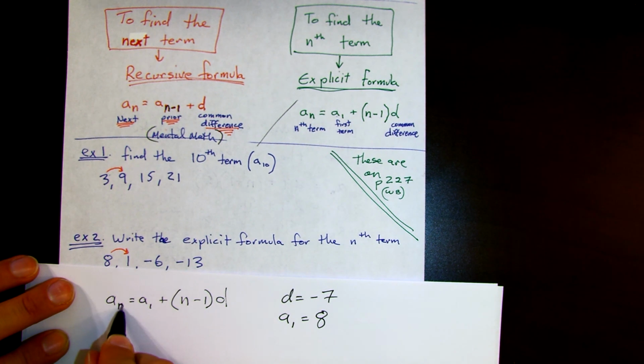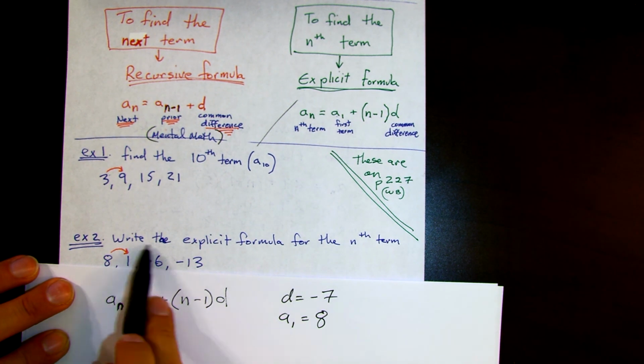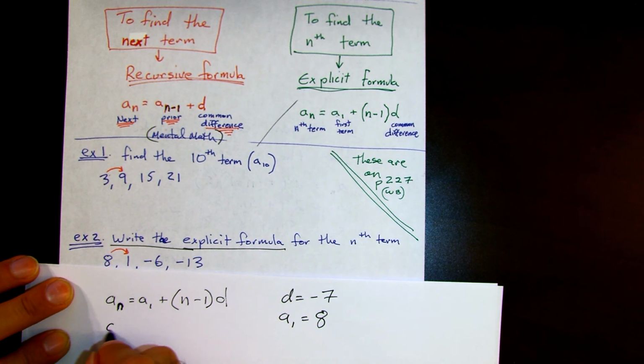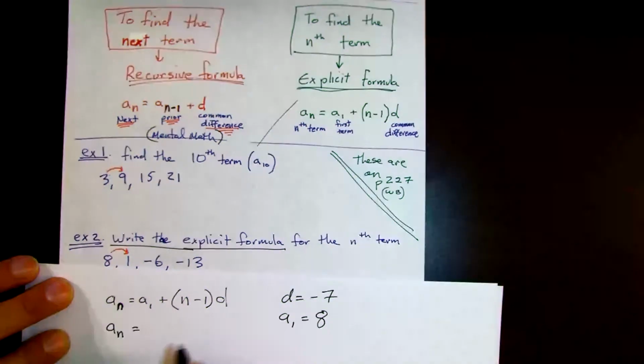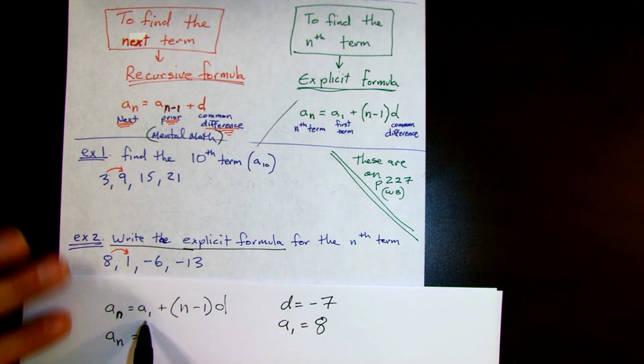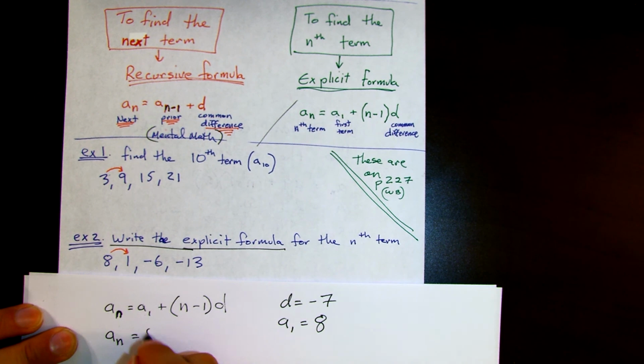Okay. So we don't have a target of a specific term. We're just writing the explicit formula. So watch. I'm going to keep a sub n because I could look for any term after I finish this. Let's see. A sub 1 is 8 plus n minus 1 times -7.